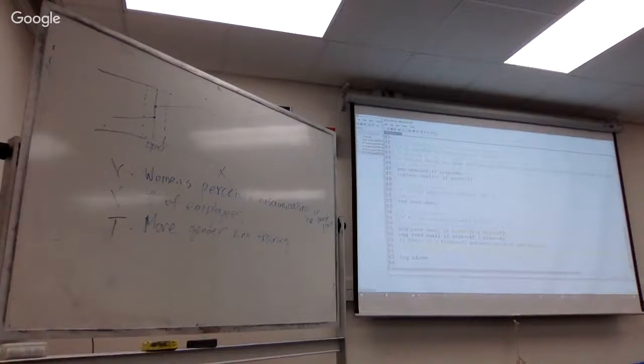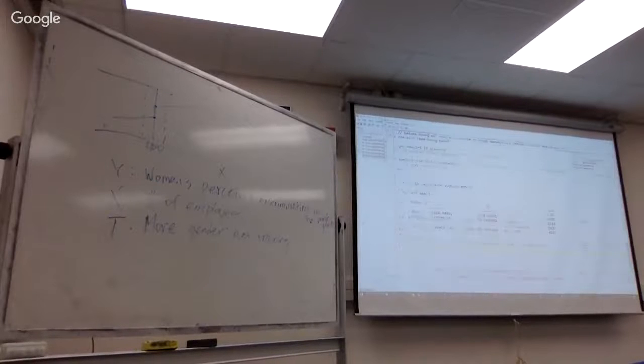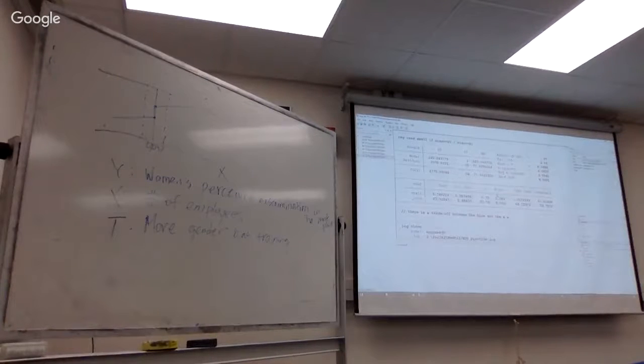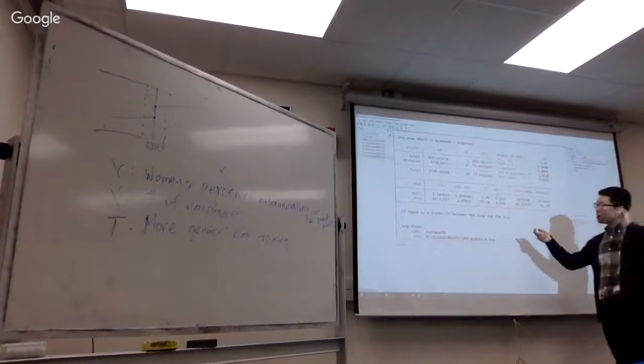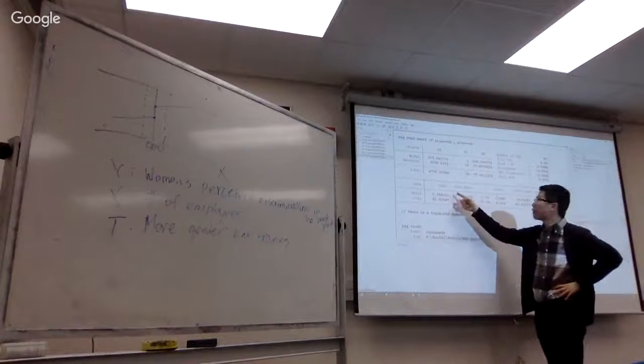Then if you specify the window to just size 40 and size 41, the coefficient changes again.